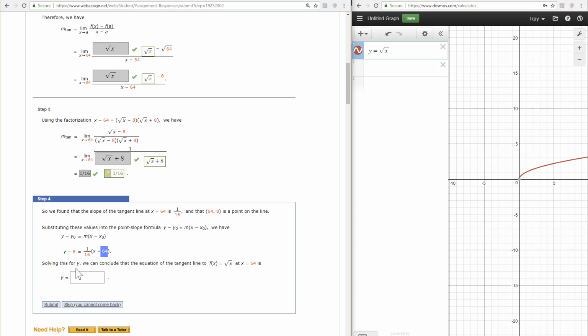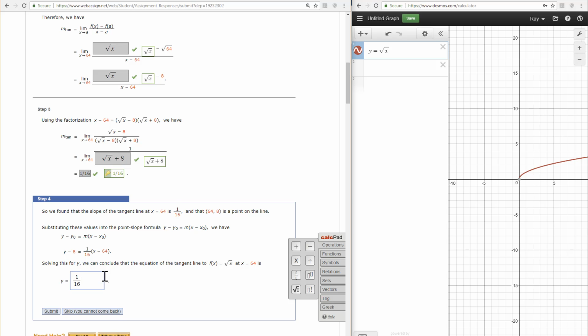All right, so solving for y, we have 1/16 times x. And then we have to distribute the 1/16, so 64 divided by 16 is equal to 4, and then we have minus 4, and then we're going to add 8.